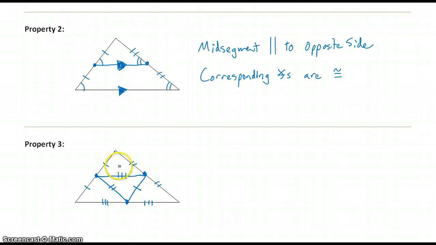So if I look carefully, I have 1, 2, 3 congruent triangles, and I actually have a 4th congruent triangle in the middle here. So if I make all 3 midsegments of my triangle, I actually end up with 4 congruent triangles by side, side, side.